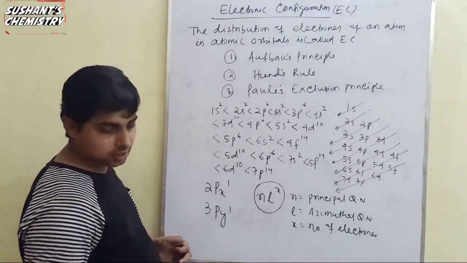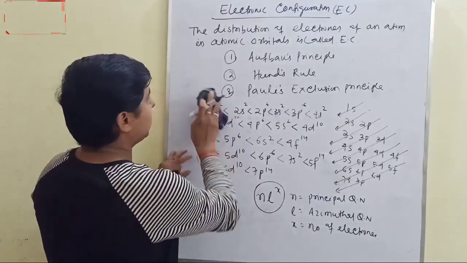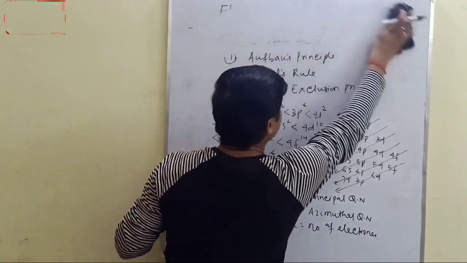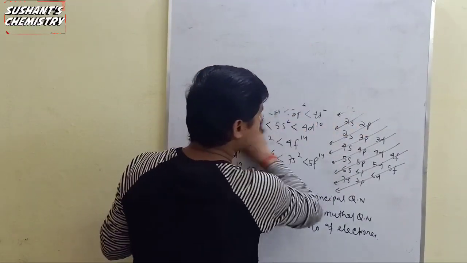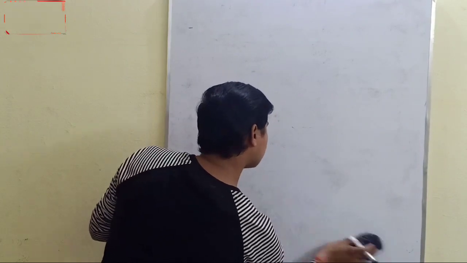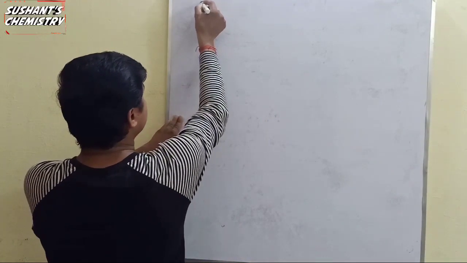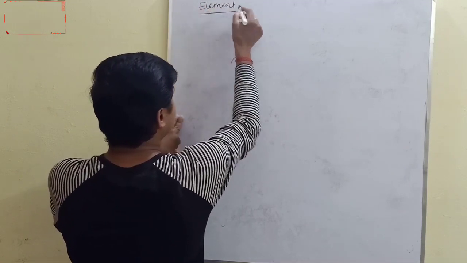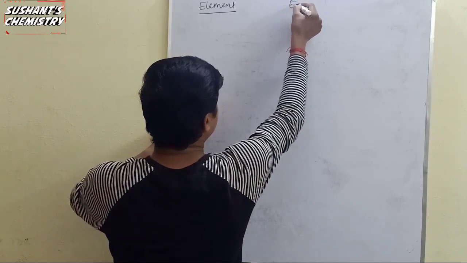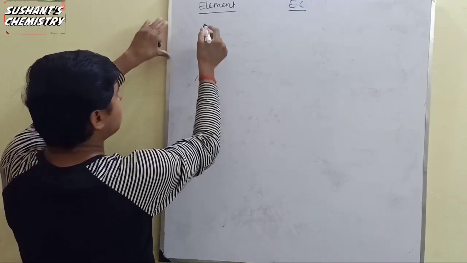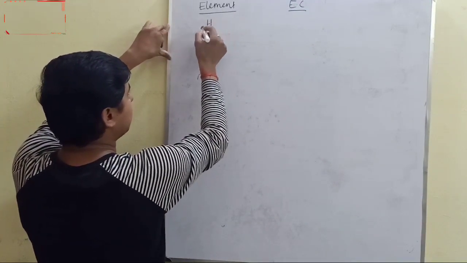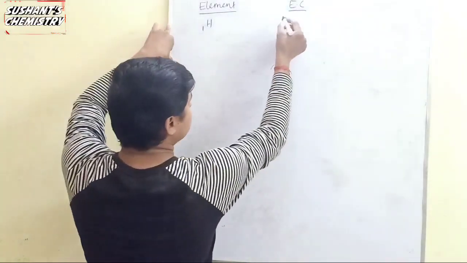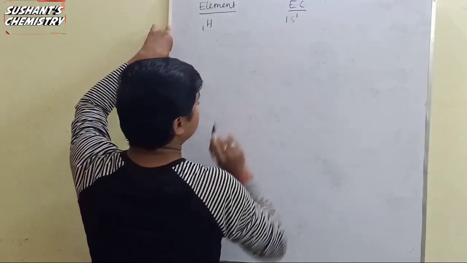Okay. Now we discuss the electronic configuration one by one from atomic number 1 to 30. First write hydrogen, atomic number 1, that is 1s1.